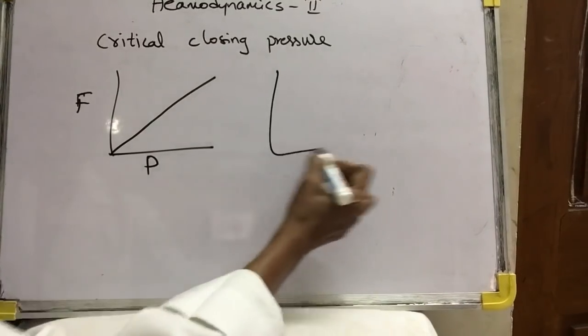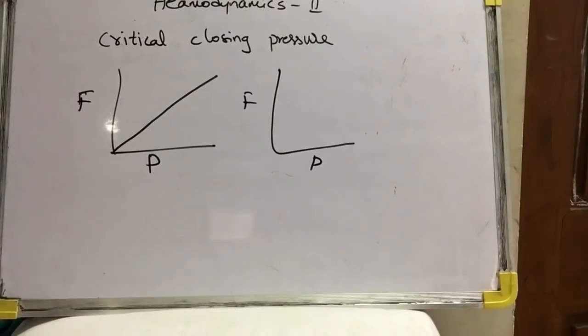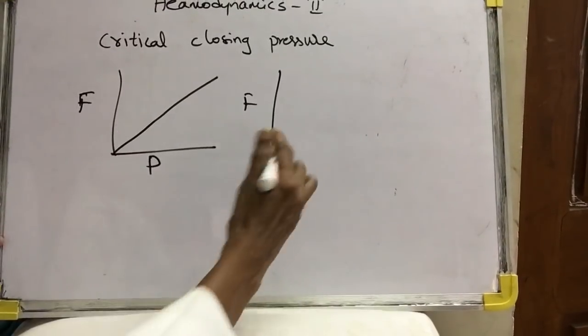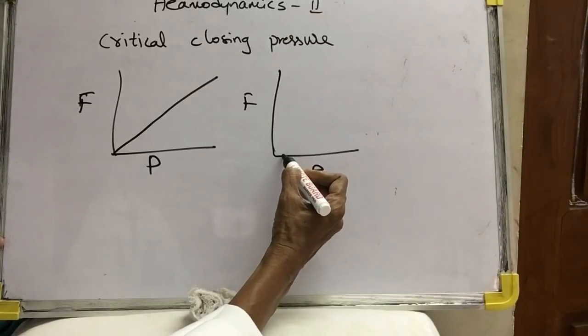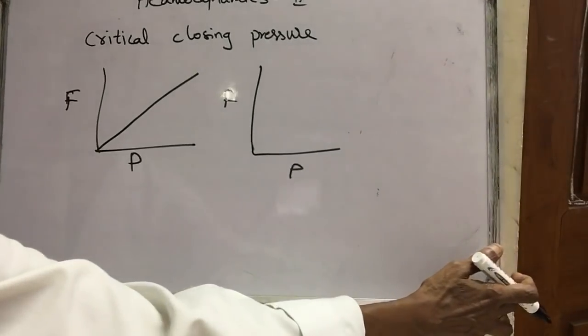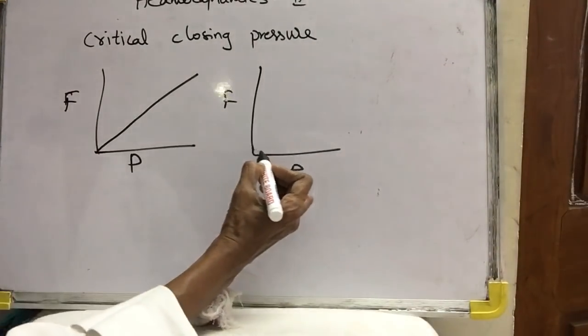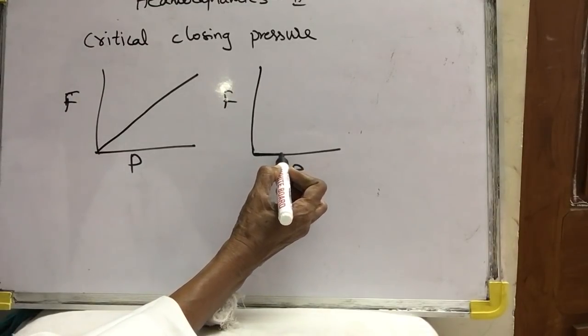So this is the flow, this is the pressure. If the pressure is very low, then the flow almost stops. There will not be any flow in the blood vessel.